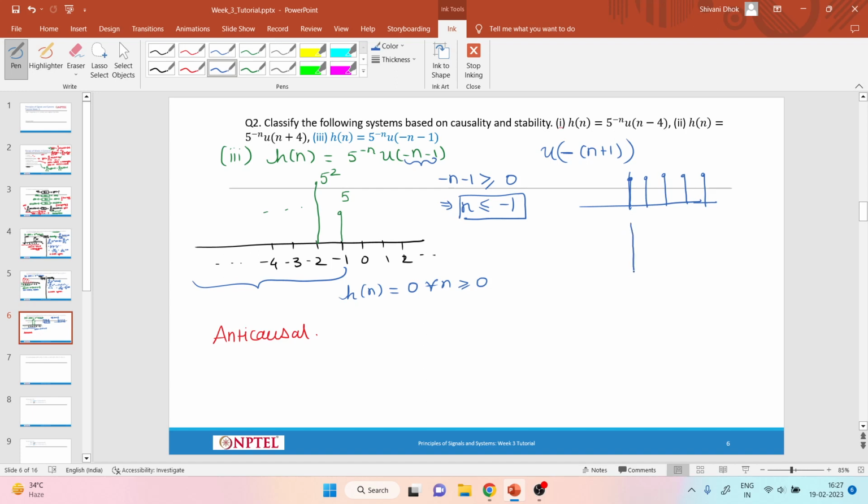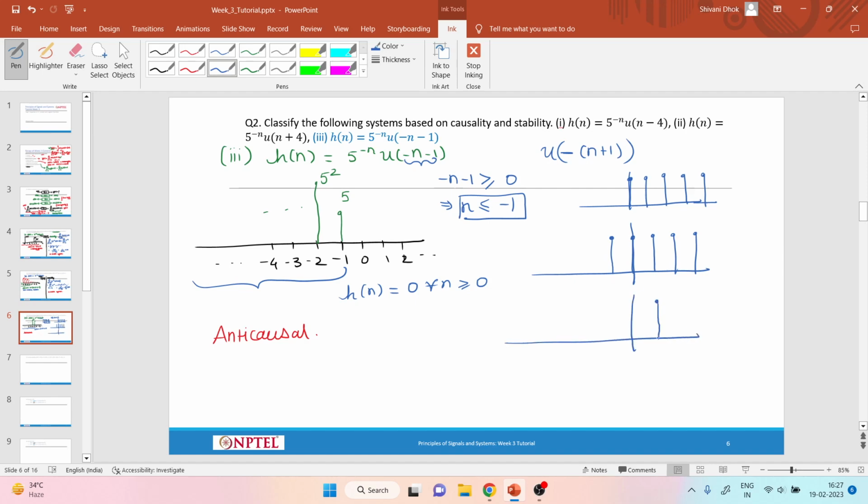What I was thinking is that you shift left the sequence by one, and then flip around the y-axis. Is it the same?